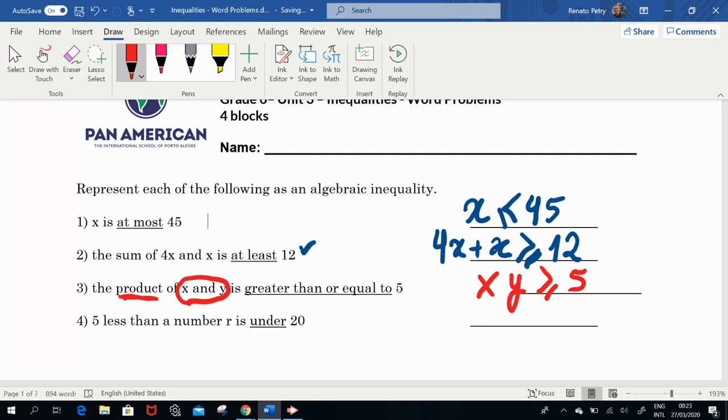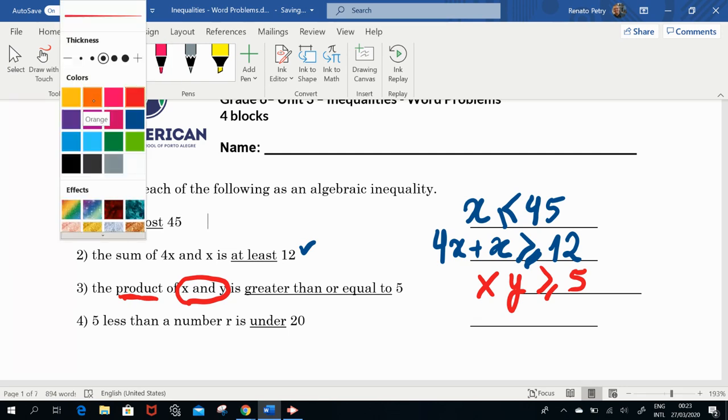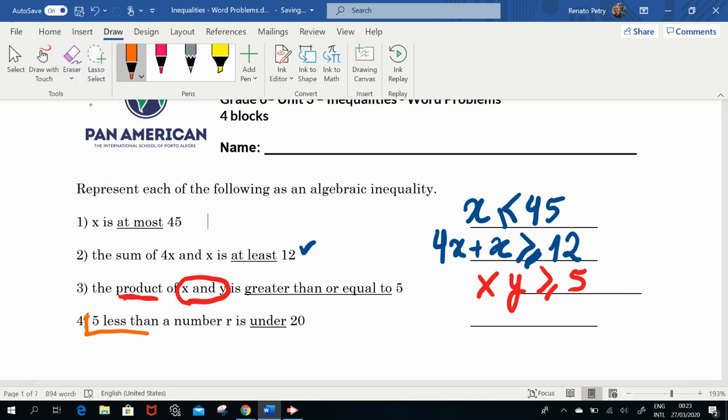Five less than a number r is under 20. So 5 less than a number, we discussed in class. I hope you remember that every time we have less than, it is a switch word.